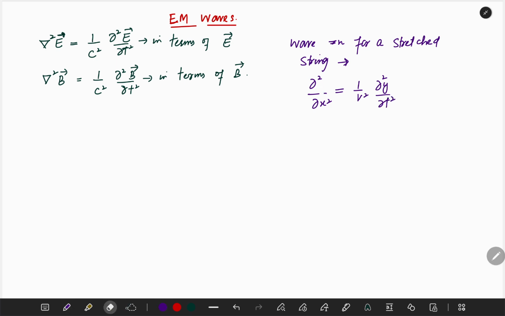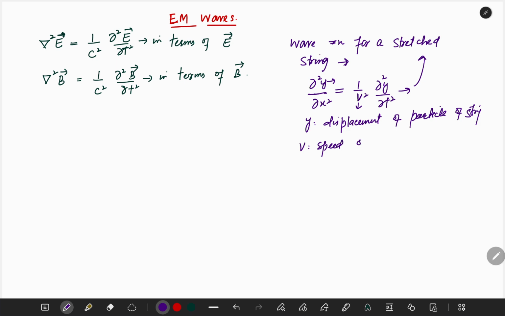So this is the wave equation for a stretched string, and this v is the speed of the wave, and y is the displacement of the particle of the string. I discussed all these things in the video.